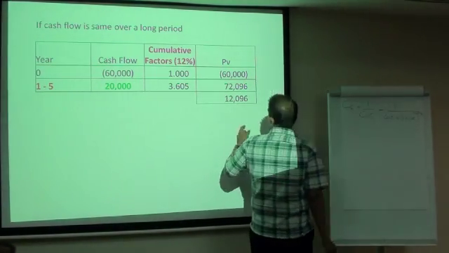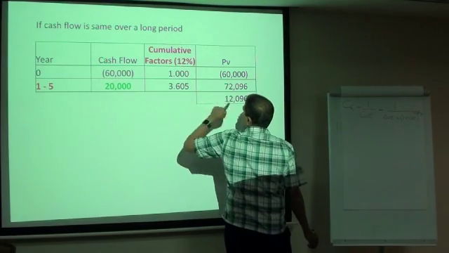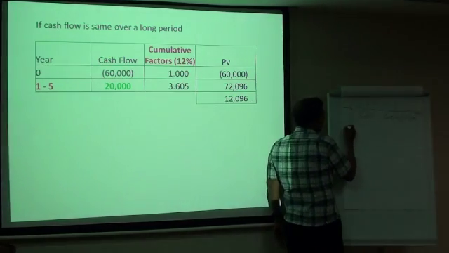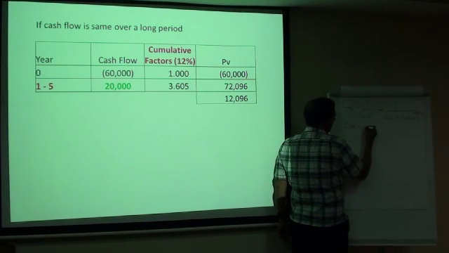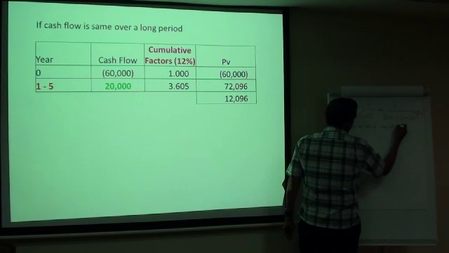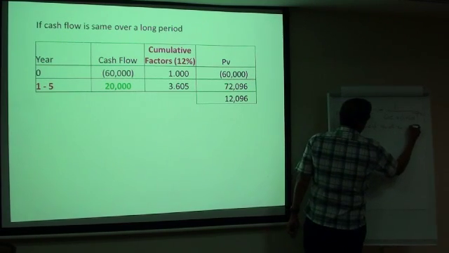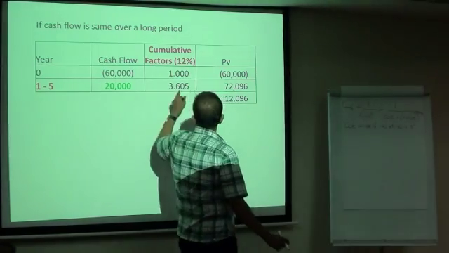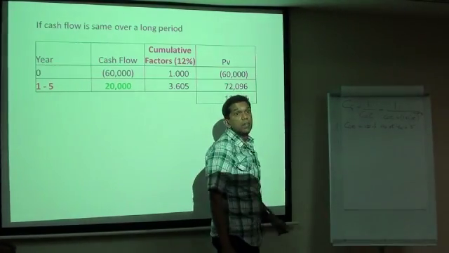Now if we adapt the same numbers, let's see whether we get 3.605. Our cost of capital is 12% and number of years is 5. Let's see whether we get this answer 3.605. So then you will get to know the third method also.